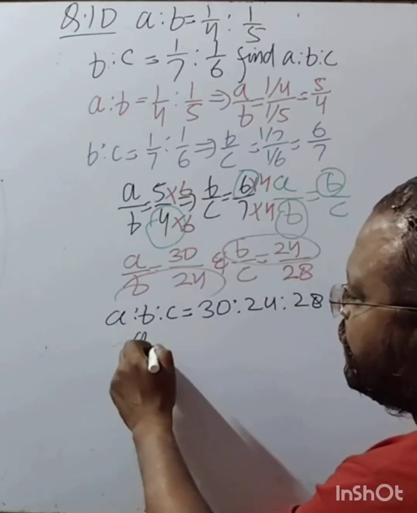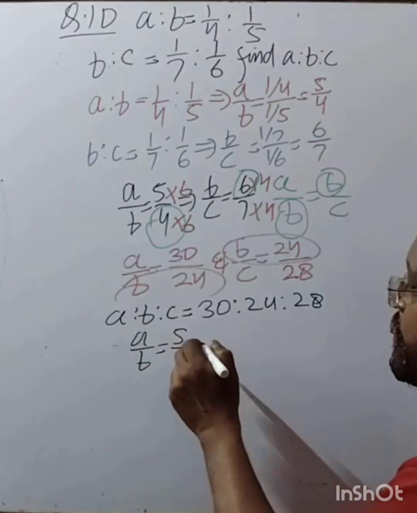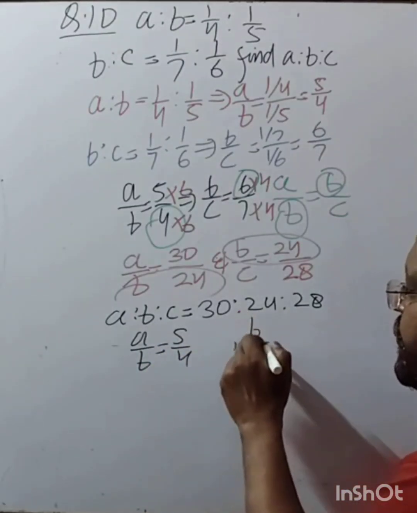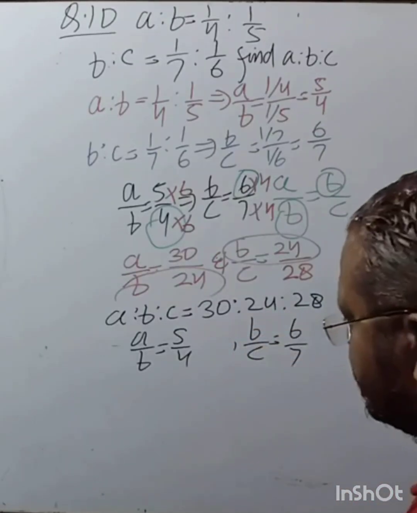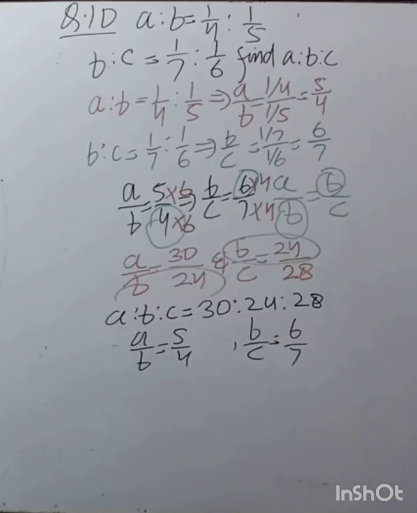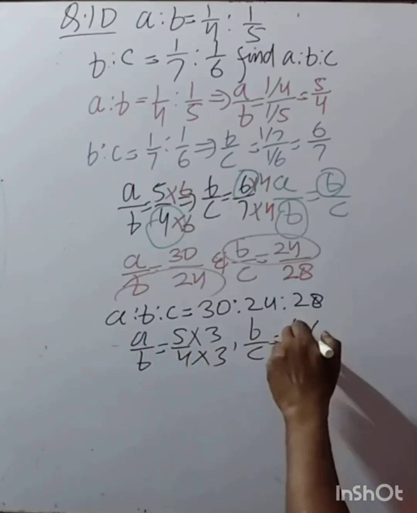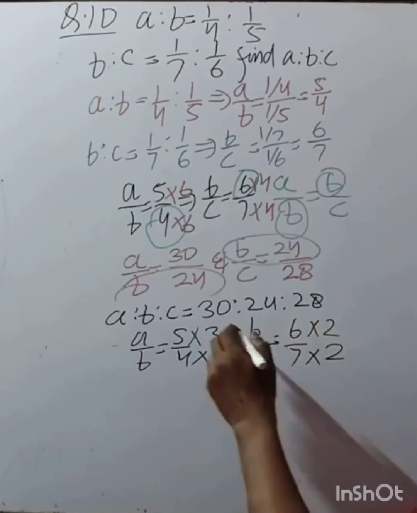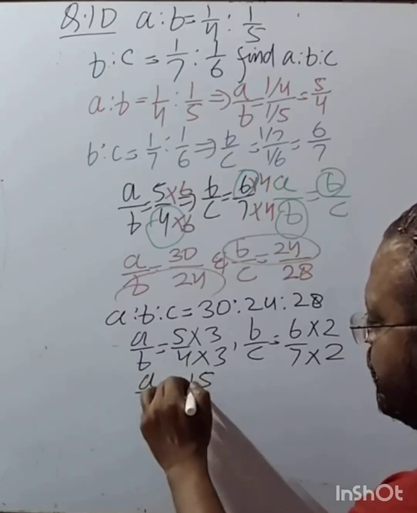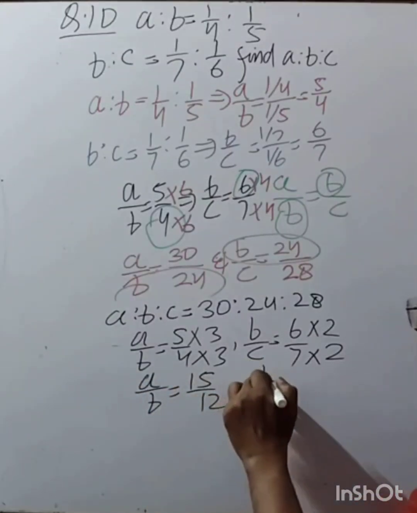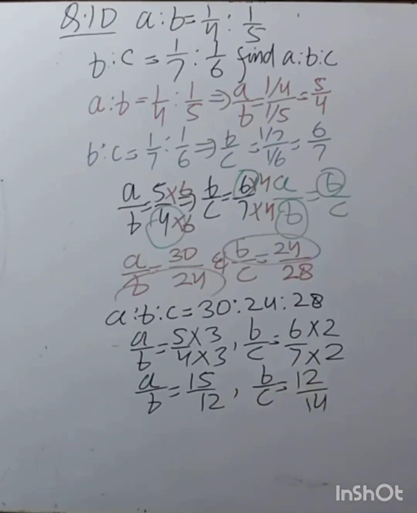There, A upon B is equal to 5 by 4, and B upon C is equal to 6 upon 7, right? We need a common B. If we multiply here by 3 and here by 2, how much do you get? A upon B is equal to 15 upon 12, and B upon C is equal to 12 upon 14, right?